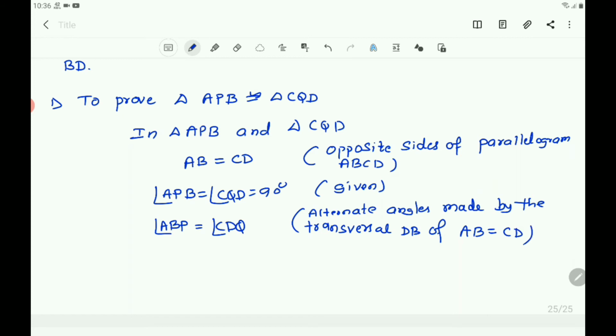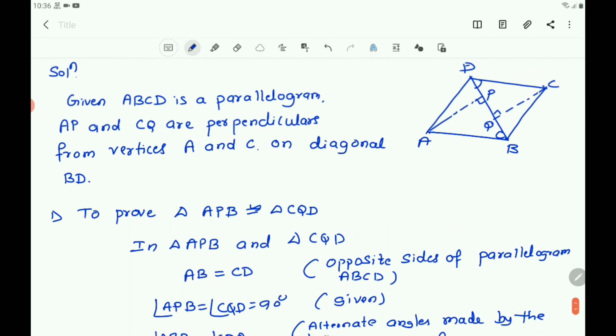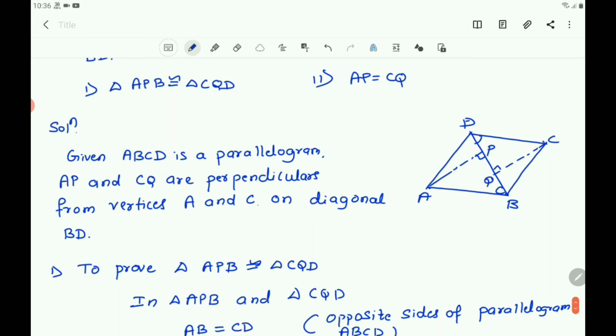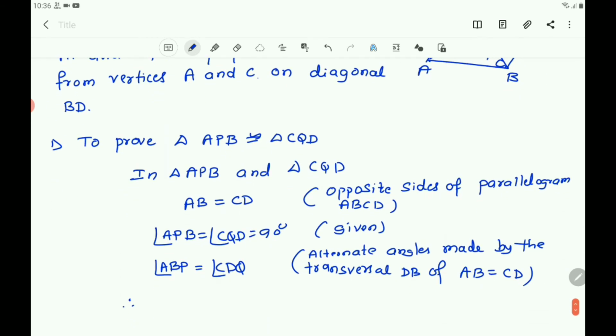AB is parallel to CD. Therefore, you can write here, according to which postulate? Two angles and one side, according to the AAS congruence rule.